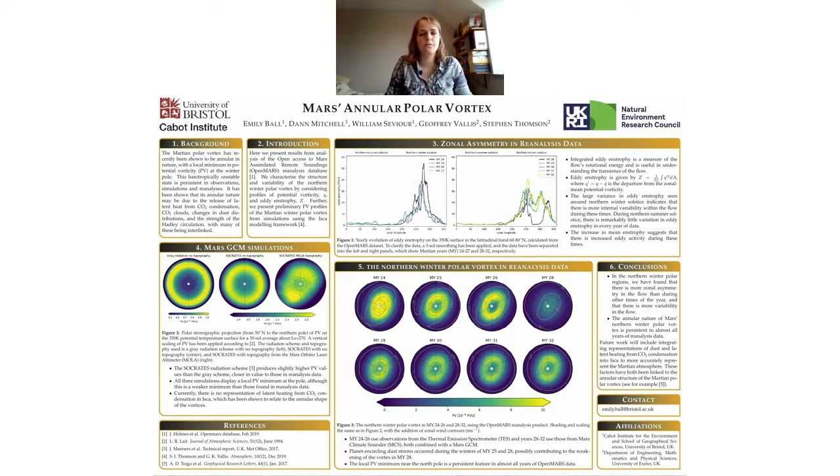There are two main mechanisms that we think are driving the vortex on Mars. We've got latent heating from carbon dioxide condensation at the pole. When the winter pole gets cold enough, carbon dioxide in the atmosphere condenses, releasing latent heat, which warms the pole and causes destruction of PV at low altitudes.